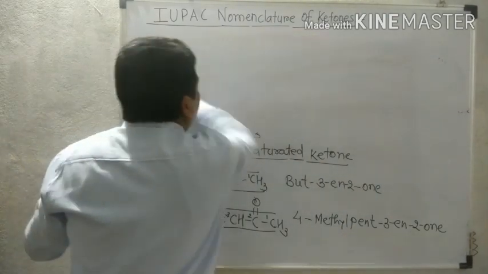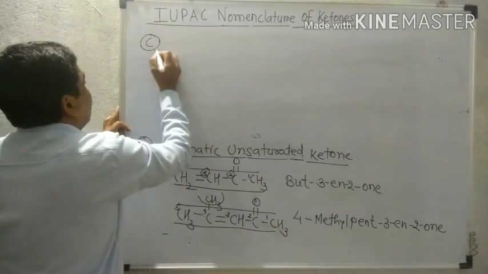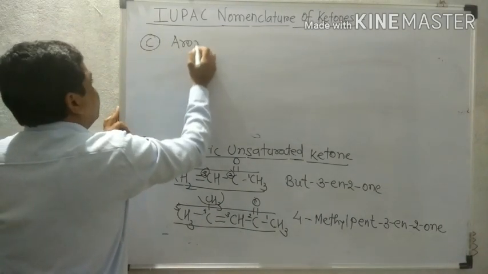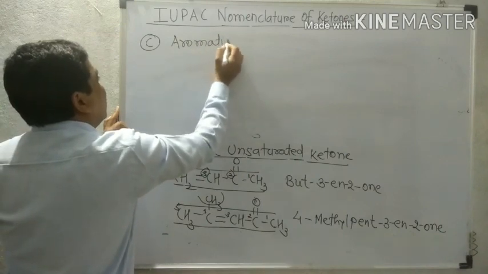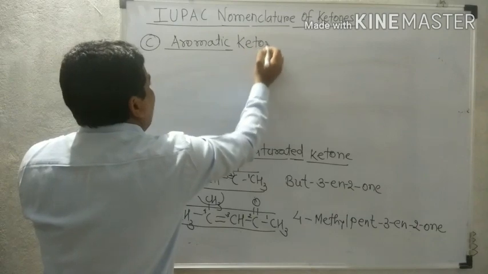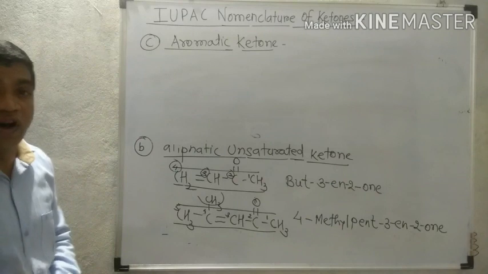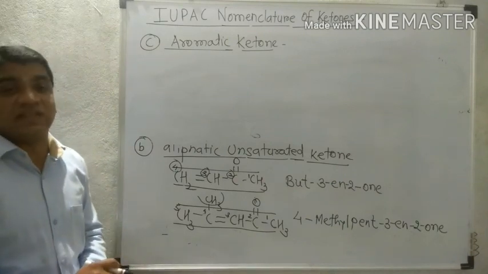For the IUPAC naming of the ketone, the third category is aromatic ketone, which includes all saturated and unsaturated structures. Which type of ketone? Aromatic ketone. It means the ketone that contains one or more benzene rings in its structure.